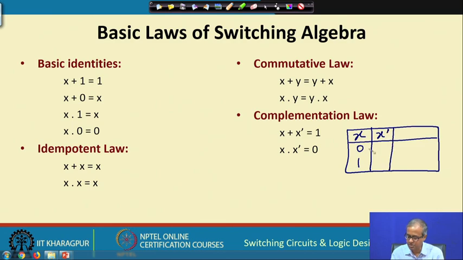It will be just the NOT of this, 1 and 0. So if I take x OR x dash, 0 and 1, what will it be? It will be 1, 1 OR 0 is also 1. You see, this is always 1. But if you take AND, 0 and 1 is 0, 1 and 0 is also 0, both will be 0. Okay? This is complementation.